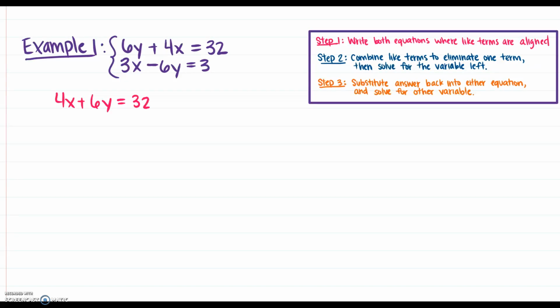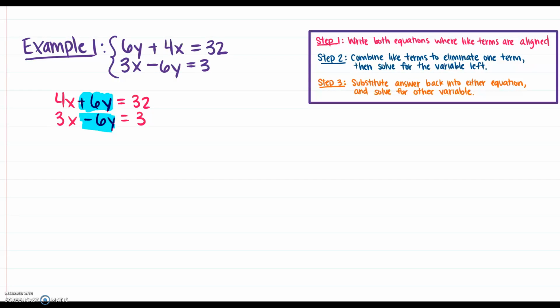And then the second equation is 3x minus 6y equals 3. So if we look, we have a positive 6y and a negative 6y. Notice that those two terms are going to cancel out.